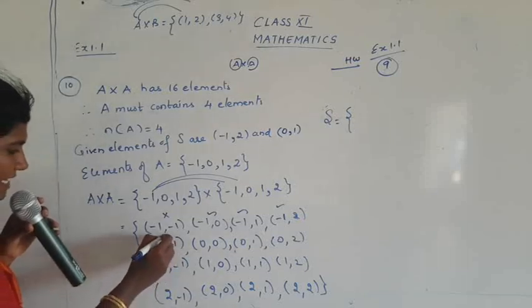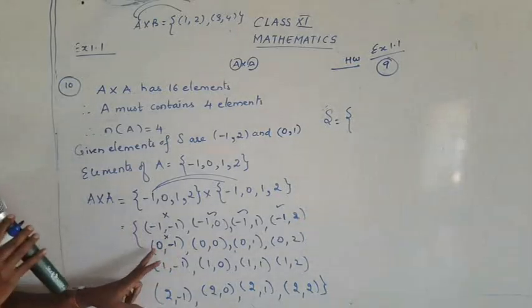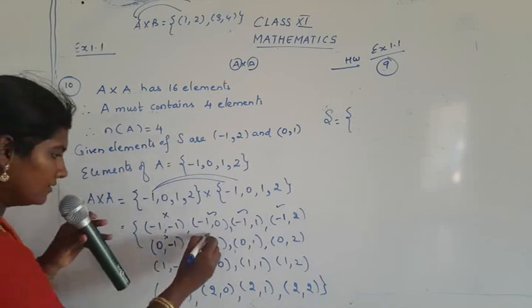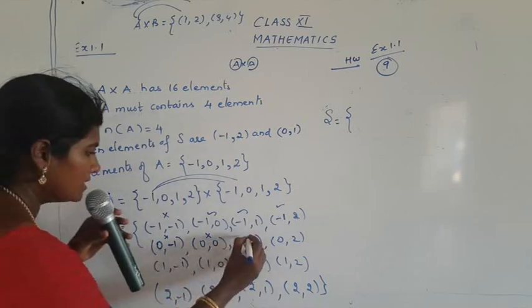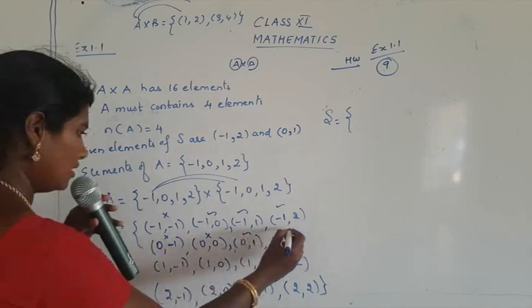This condition is not satisfied since here the negative number comes in the second part and 0 comes in the first part, yes? So we cannot take this. The second number should be bigger. Again here, they are equal, so we cannot take this element. (0, 1) is allowed since 1 is bigger. (0, 2) is also allowed.